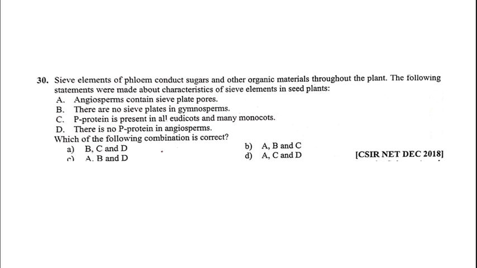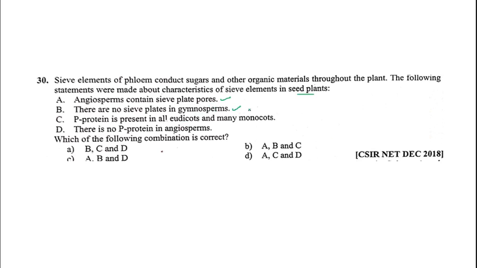Next, we will solve one question. Sieve elements of phloem conduct sugars and other organic materials throughout the plant. The following statements were made about characteristics of sieve elements in seed plants. Angiosperms contain sieve plate pores. Just now we discussed, yes, they contain sieve plate pores. There are no sieve plates in gymnosperms. This is also correct, because we studied it's not present.